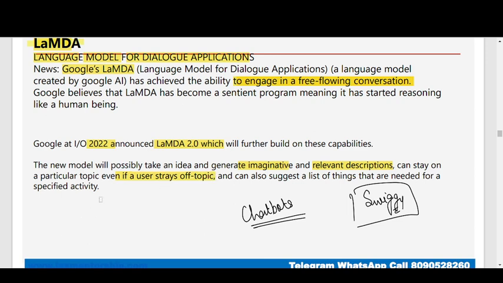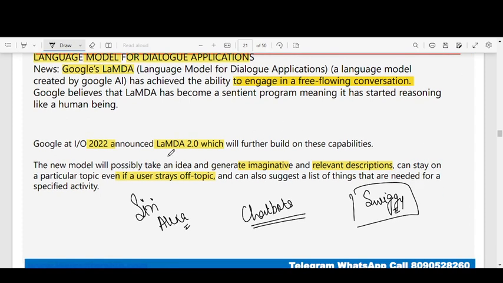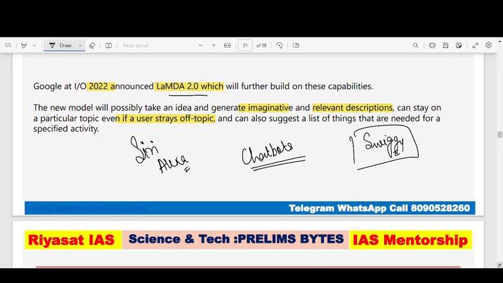Which means this application will be like an assistant for you. For example, Siri and Alexa are all based on this only. Chatbots, and LaMDA is also the same in all ways. Clear? And this LaMDA 2.0 will be a more advanced version.